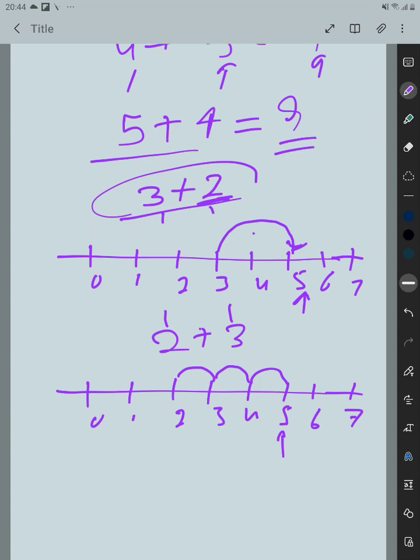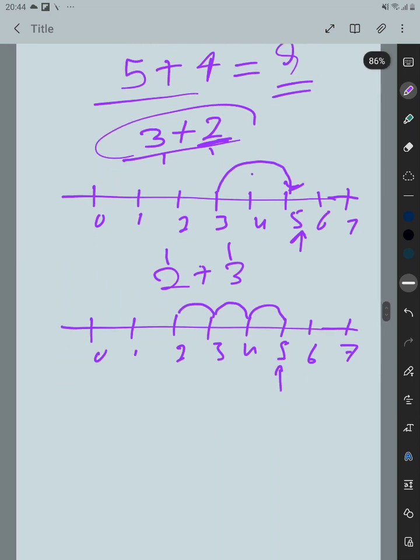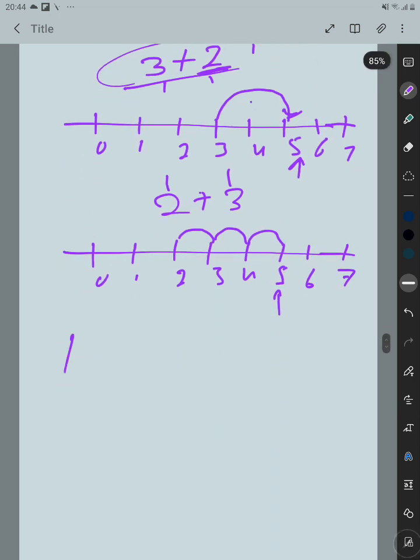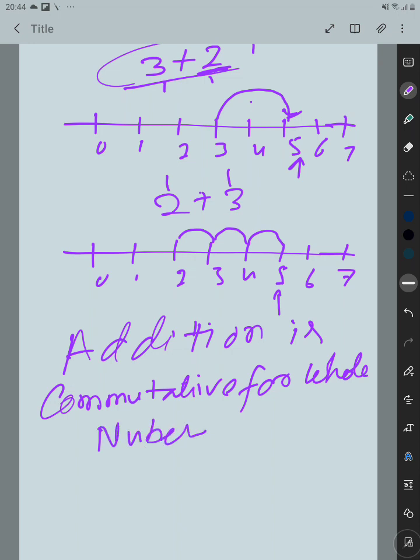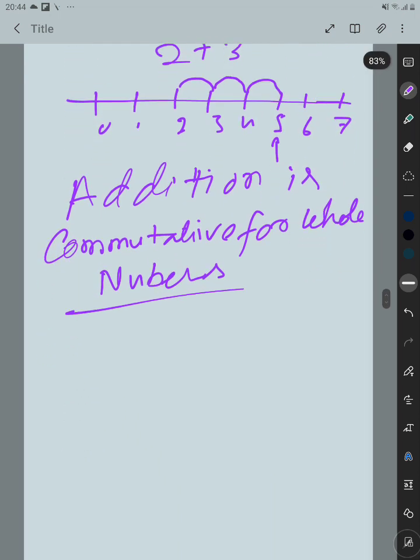So we will say that addition is commutative for whole numbers. I think you got the point.